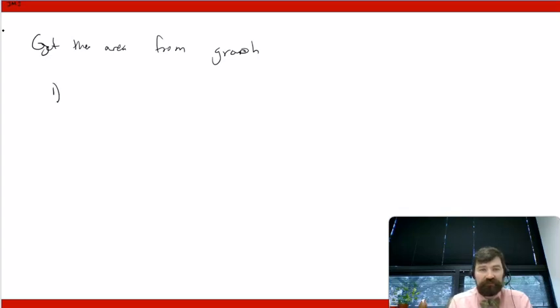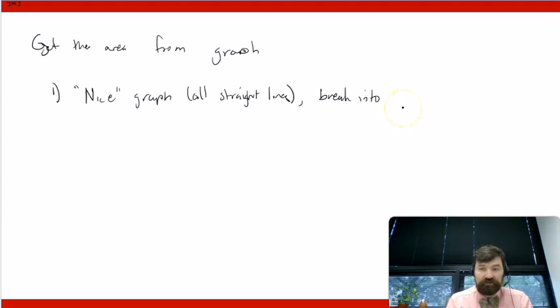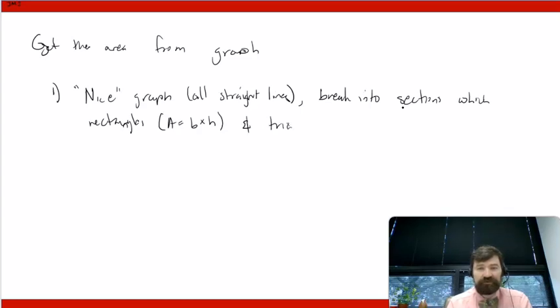One, for a nice graph, that is a graph that is linear, or linear with cusps, or horizontal lines and diagonal lines, something like that, you should break the graph into sections which are basically rectangles, and so the area is base times height, and triangles, specifically right triangles, so that the area is 1/2 base times height.